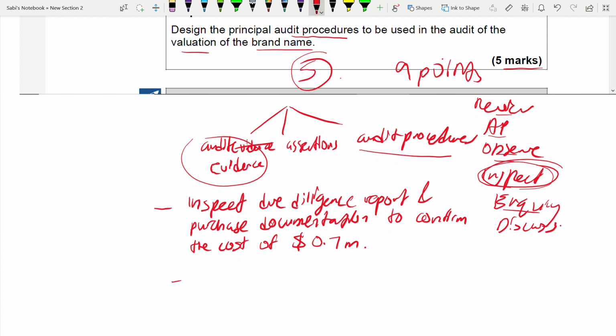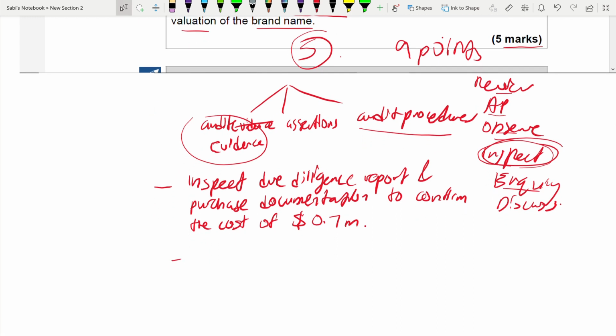Next could be what? Think. What could we see? It's an intangible asset. Brand is an intangible asset. We all agree that, right? IAS 38.